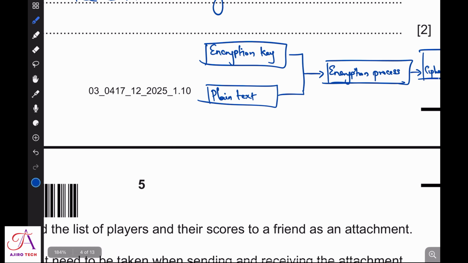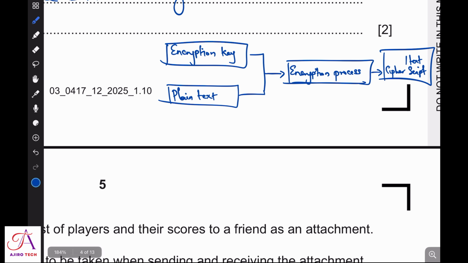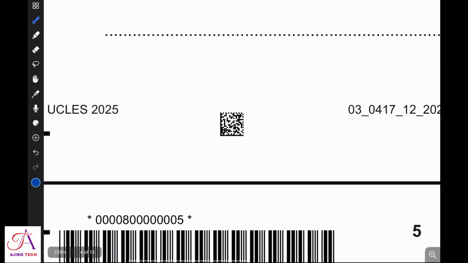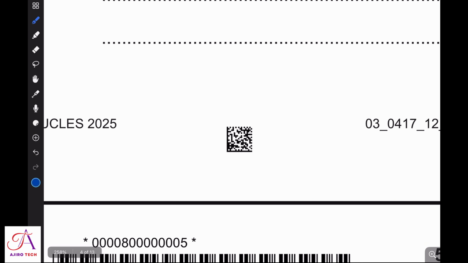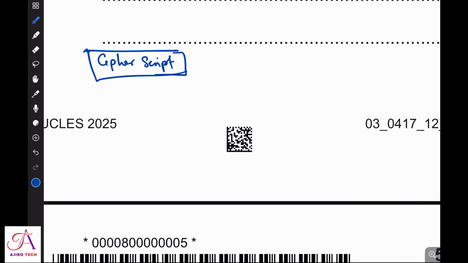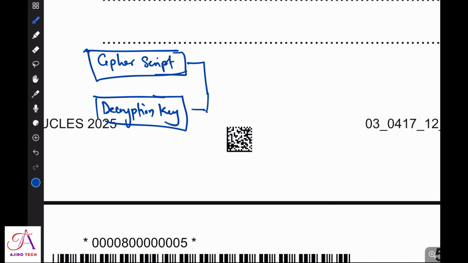Now, if you want to decrypt, it's the same process. For decryption, you have the ciphertext, which goes here, and then you have the decryption key, which goes here.